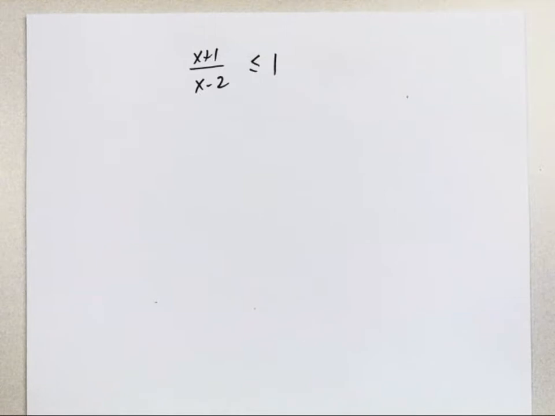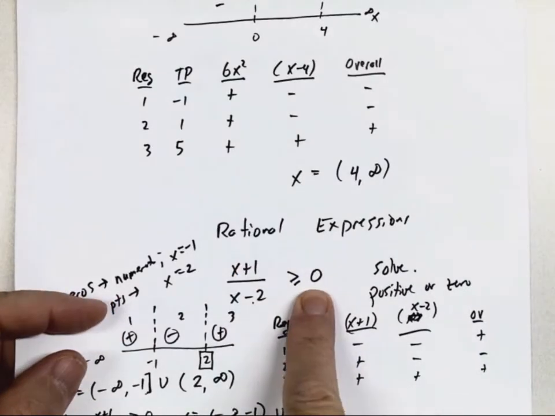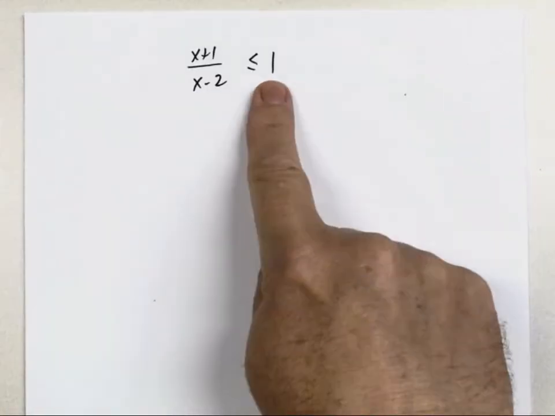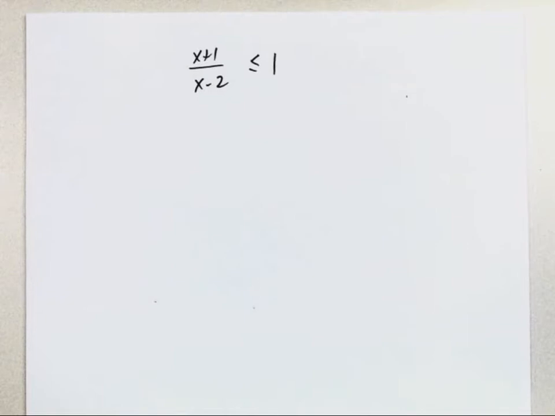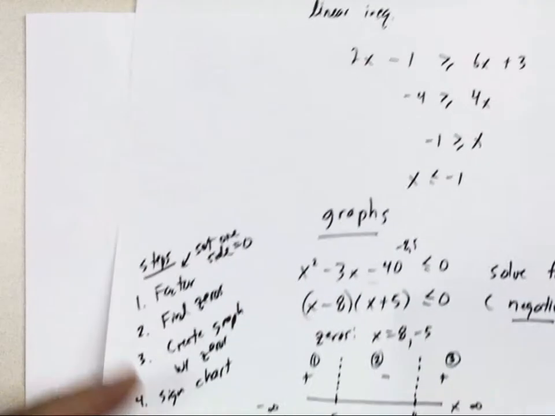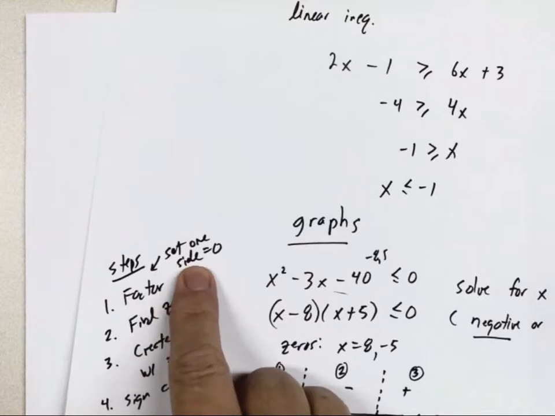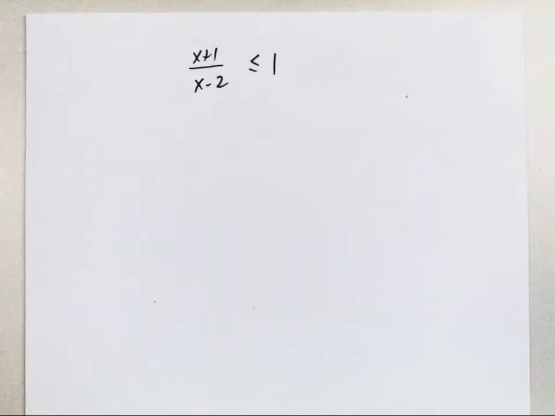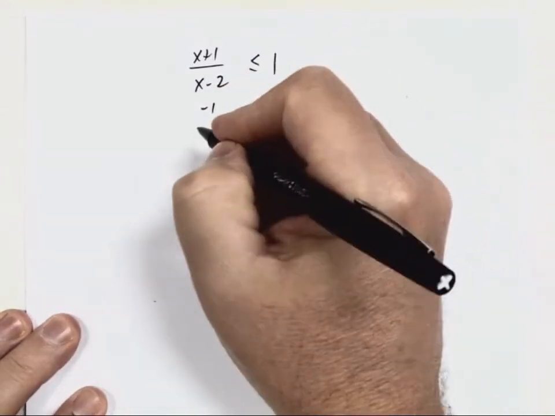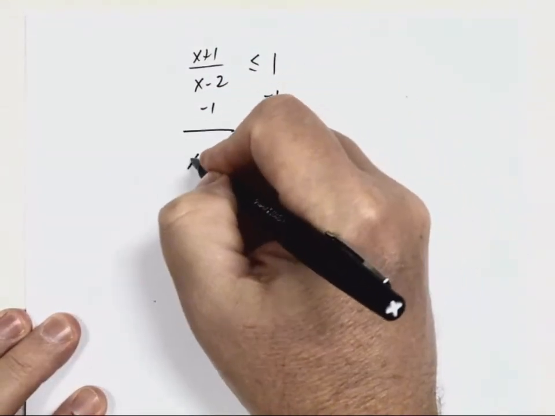The previous problem, we had our rational expression greater or equal to 0, but we don't have a 0 here, we have a 1. And if you remember the step I added, first thing you have to do to solve these, you got to get one side equal to 0.